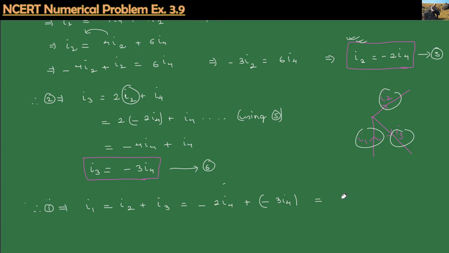If you solve this, minus 2i4 plus minus 3i4 gives minus 5i4. So i1 is minus 5i4.